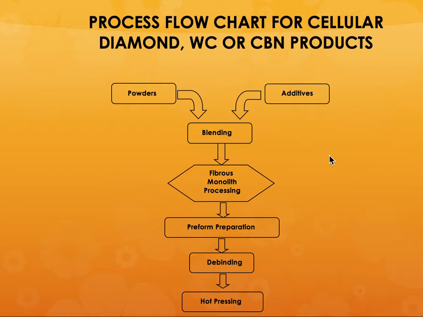And one big advantage is that it has tremendous ability to act like a composite. It can take a tremendous amount of impact energy, especially in the direction opposite to the fibers or transverse to the fibers.